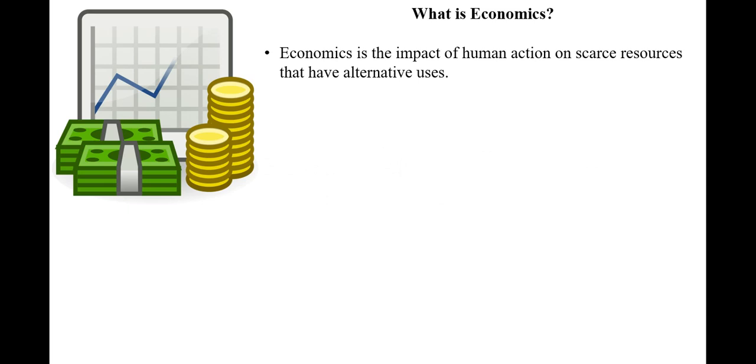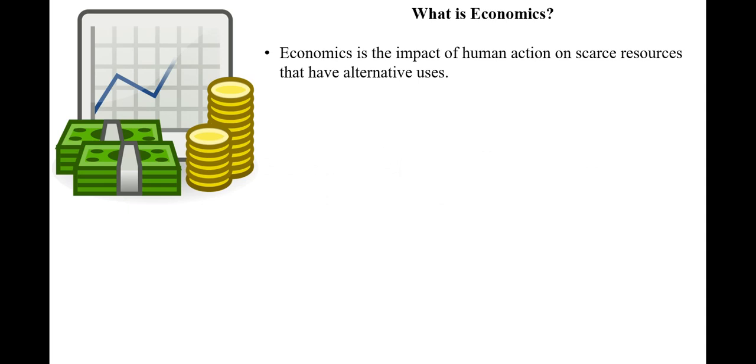And I try to put things into a very simple sentence that has a lot packed into it, but that you can boil it down to a sentence. And someone asks you what economics is, you can explain it to them.